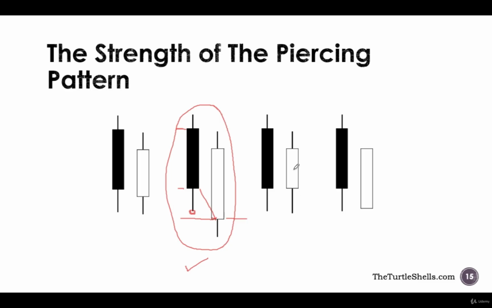So I would say this would be the strongest of all the 4 piercing patterns mentioned here. But nonetheless, all of them are piercing patterns, and we should not ignore them because the low of the piercing pattern can become very good support as seen in charts previously.